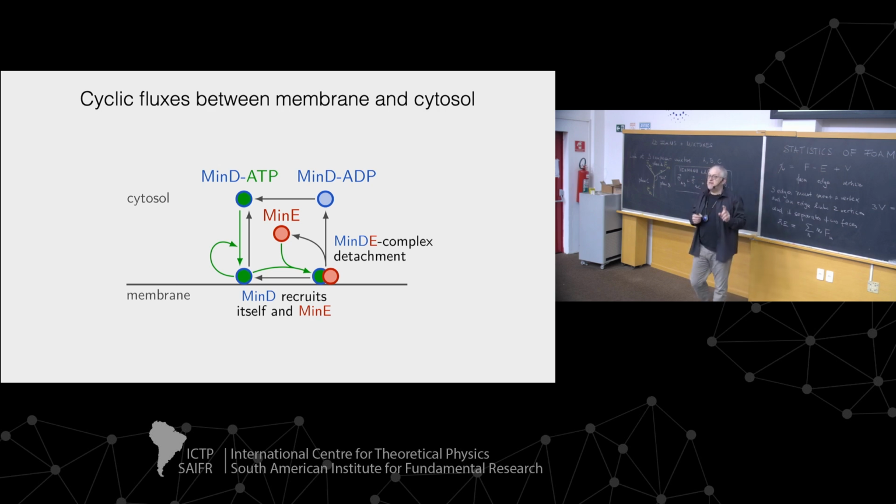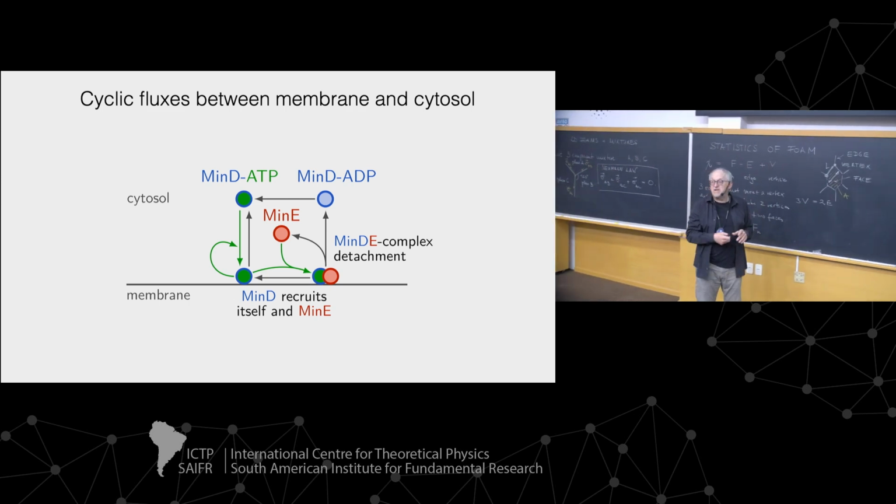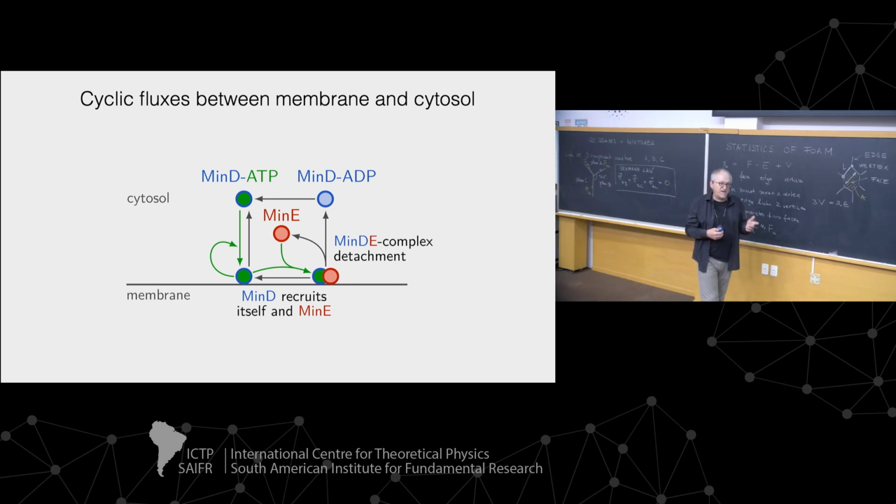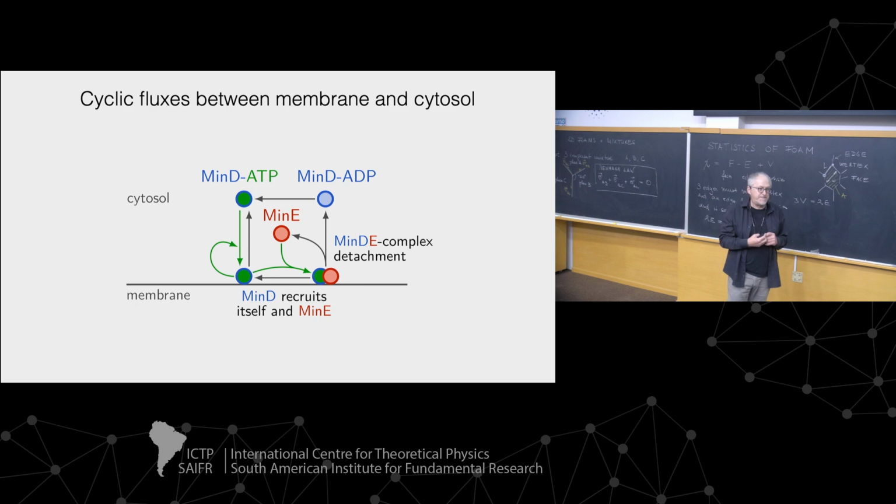And that's the only thing I'm going to use. I'm only using that there exists a cyclic flux, and that has a priori nothing to do with this particular mass-conserving diffusion reaction system, because cyclic fluxes are generic in non-equilibrium systems. They're always there. They have to be there, otherwise they would not be in non-equilibrium.